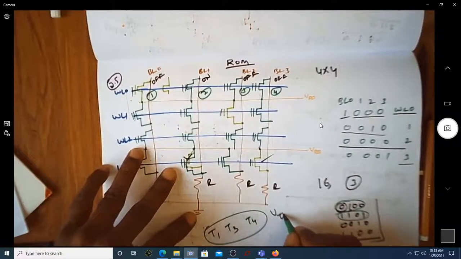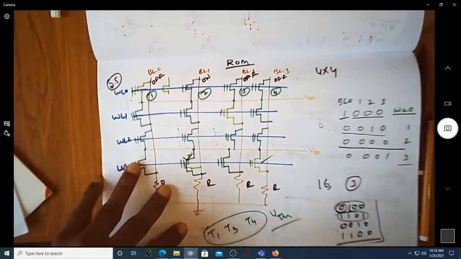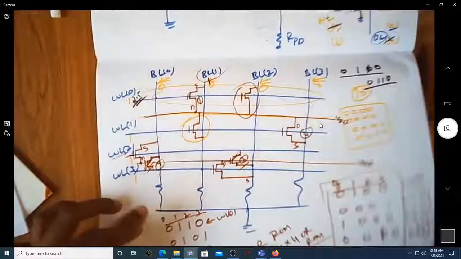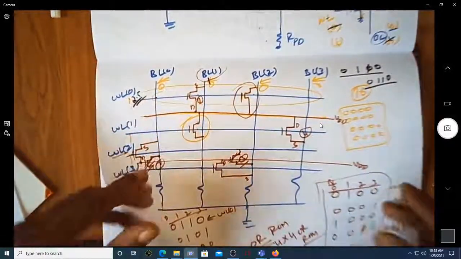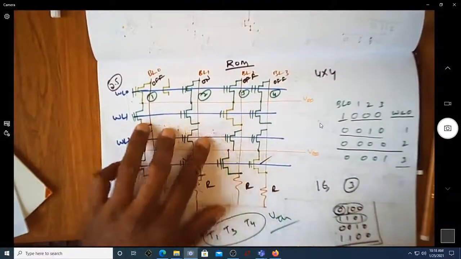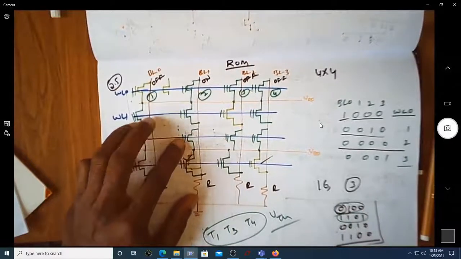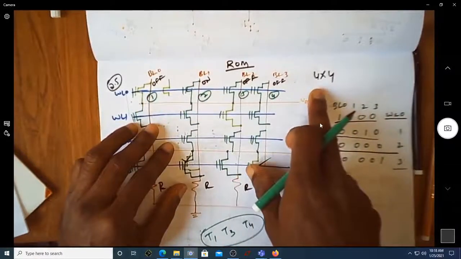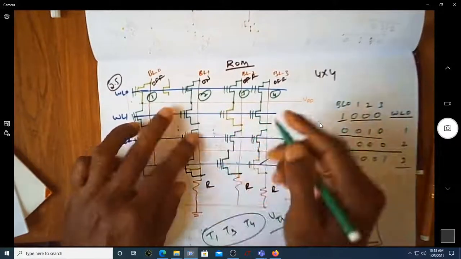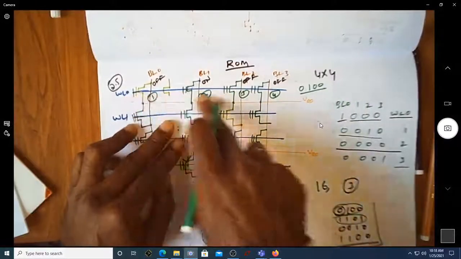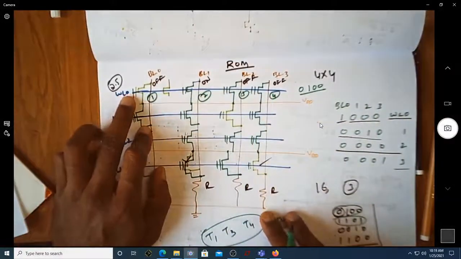The VTH of these transistors has to be increased, because as in the previous case, we are not having a selective fabrication of transistors. The transistors are fabricated in each and every location. In spite of that, I should be reading 0, 1, 0, 0 as my bit line values when the word line is equal to 0.